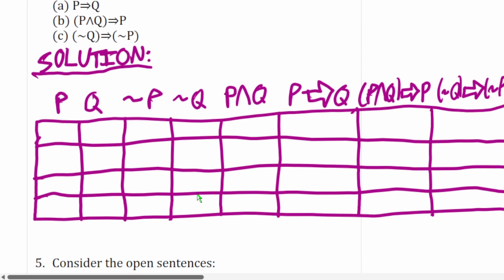So for this solution, the best way to determine the truth value is to make a truth table. And I already formatted one out here just to save time, so you wouldn't have to see me draw it, and also to help me avoid making a mistake with the columns. So let's fill out this truth table, and then we can look at determining the truth value of the statements.